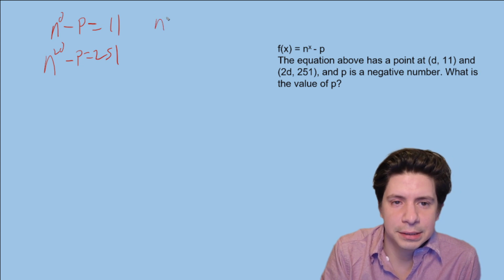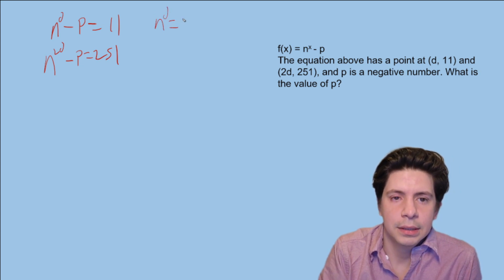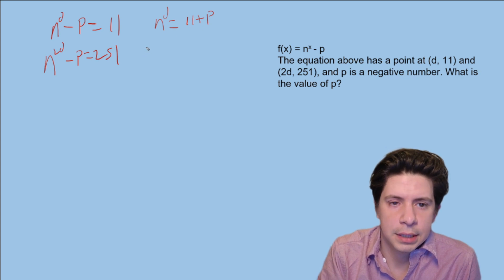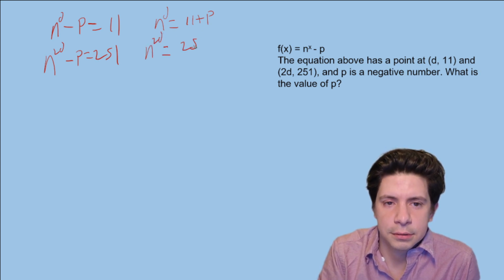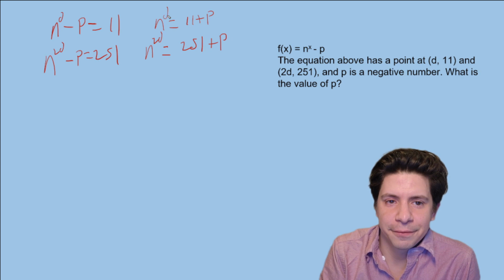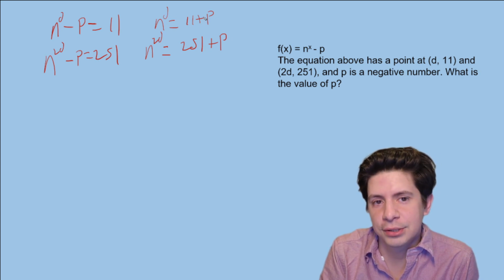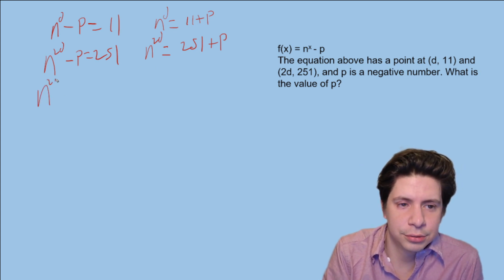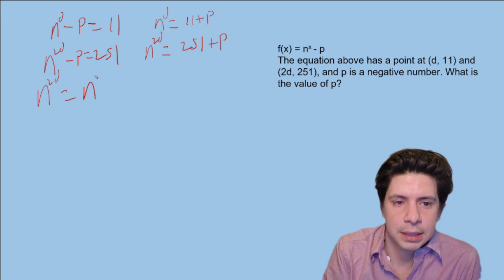So n to the d equals 11 plus p, and n to the 2d equals 251 plus p. Now, n to the 2d is just the first equation squared, right? n to the d squared becomes n to the 2d. So we're going to square this and set it equal to this, right? Because n to the 2d equals n to the d, squared.